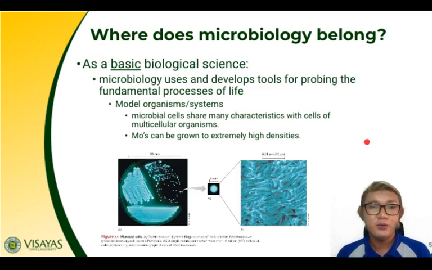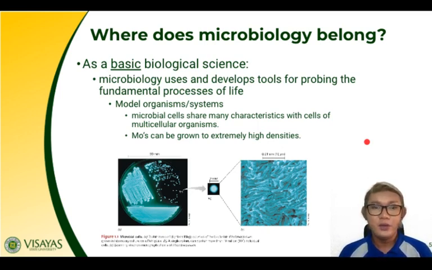As we go with our study of microorganisms, the field of microbiology could be considered a basic biological science. This is because microbiology uses tools and develops tools to investigate the fundamental processes of life.